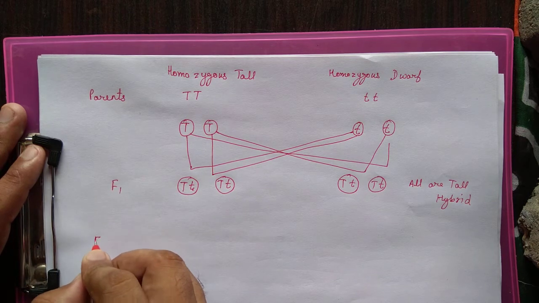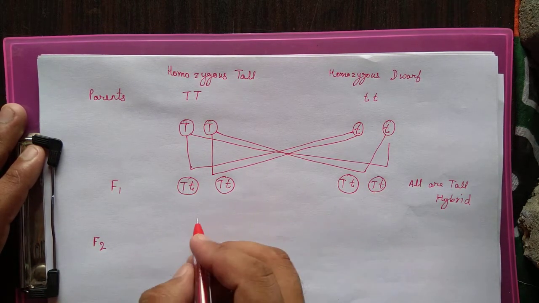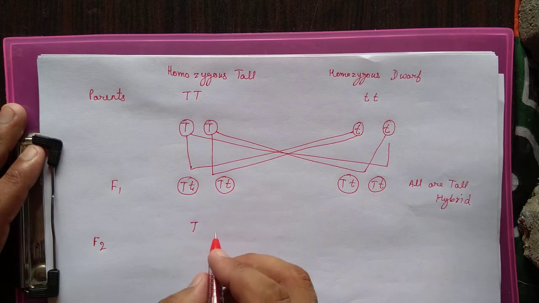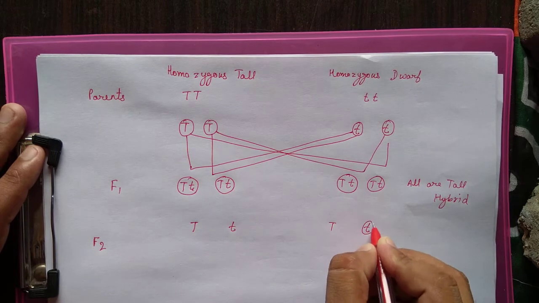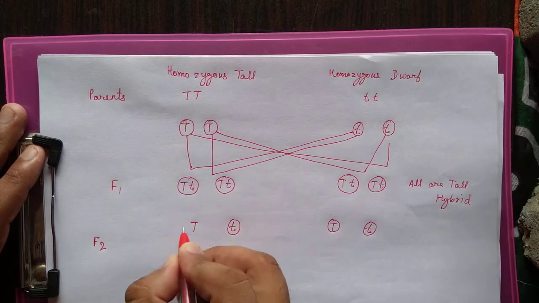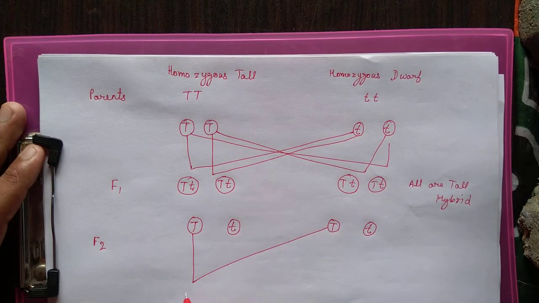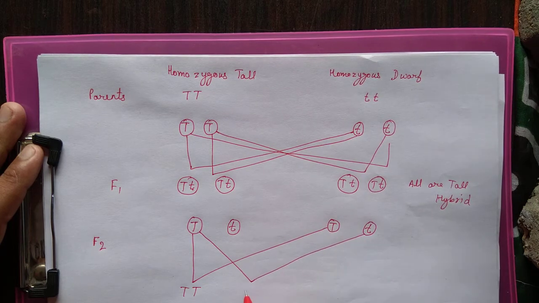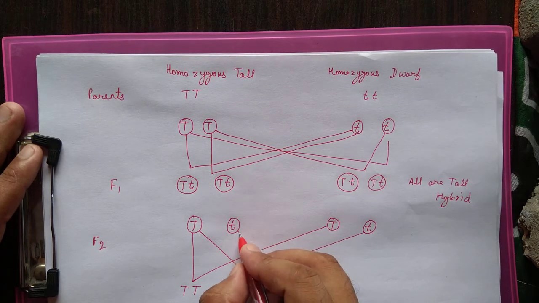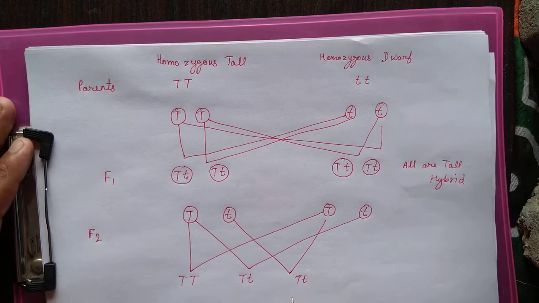If you are taking the F2 generation, the gametes are the same, perform again. Always the dominant allele is written in front.